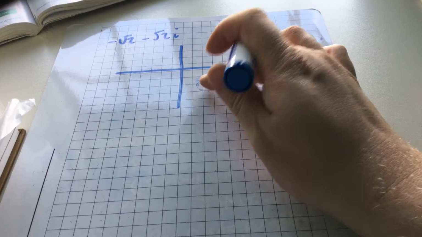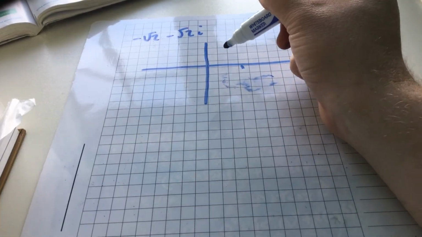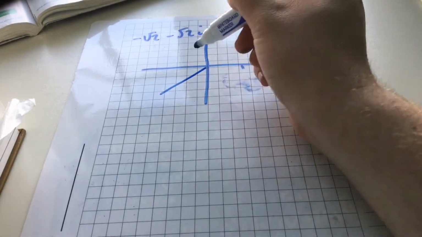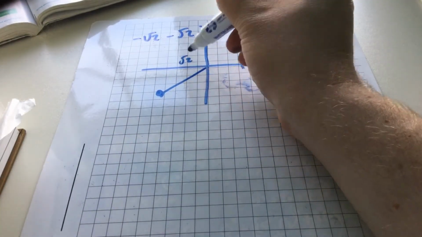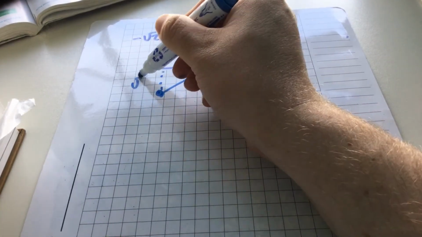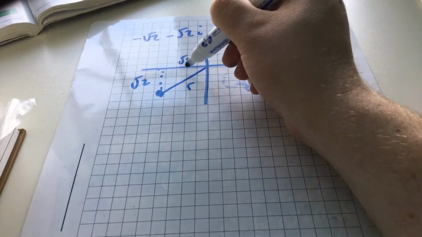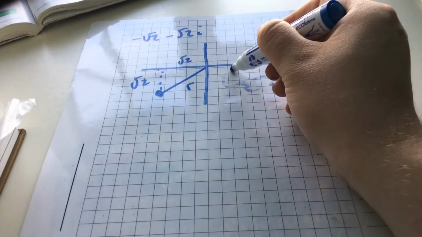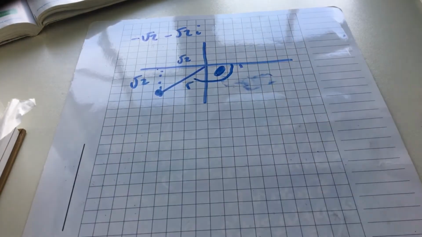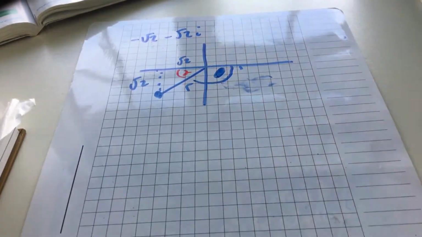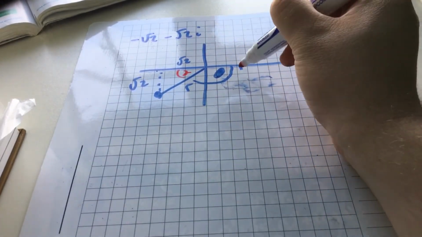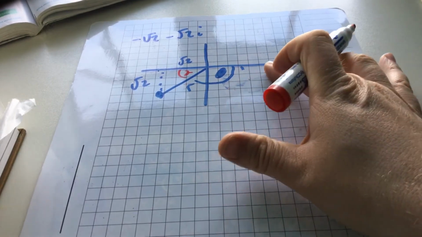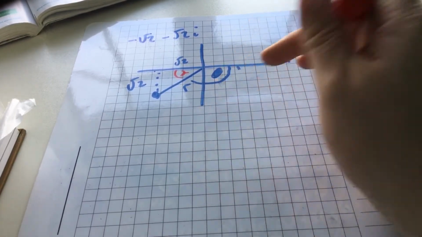Minus root 2 minus root 2i goes down like this. There it is. We have a distance root 2 there and a distance root 2 there. That's r, and that's going to be theta. And this is going to be alpha. If it's in the top two, it goes that way. If it's in the bottom two, it's this way. So it's a little bit different from a unit circle, from our trig.